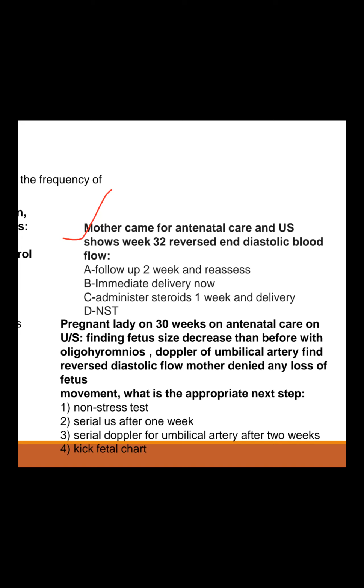Yes, ma'am. So the thing is that this is 32 weeks, but reversed diastolic blood flow. What is that? Can she continue the pregnancy or not? No, ma'am. So what is the answer? Okay.